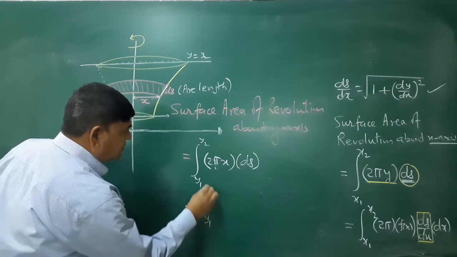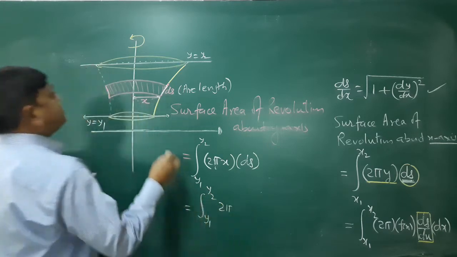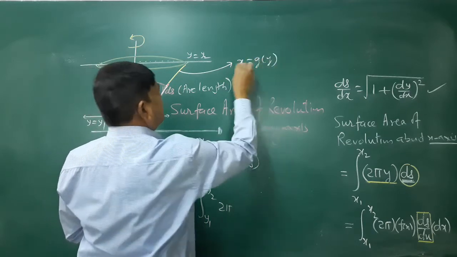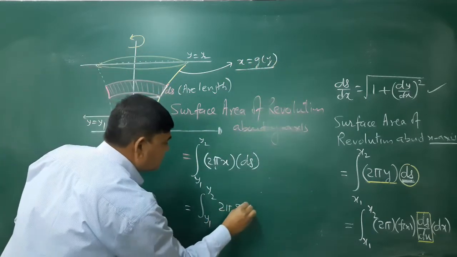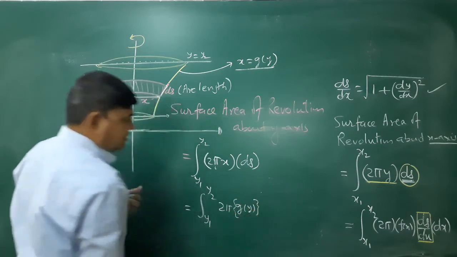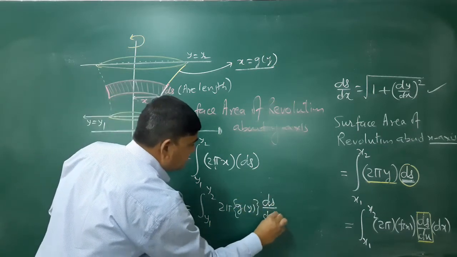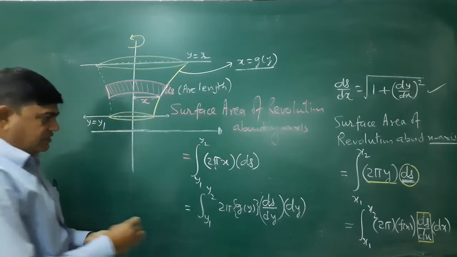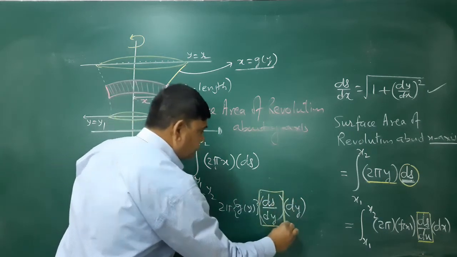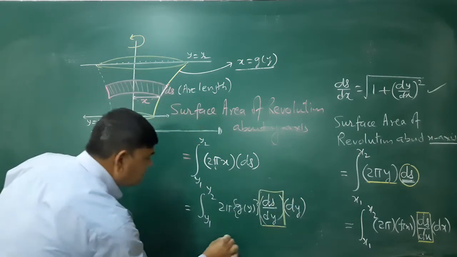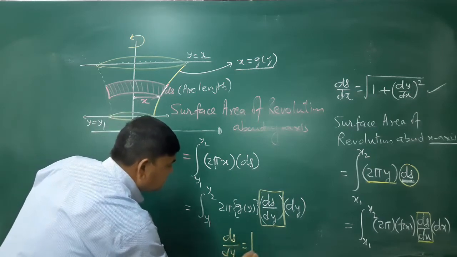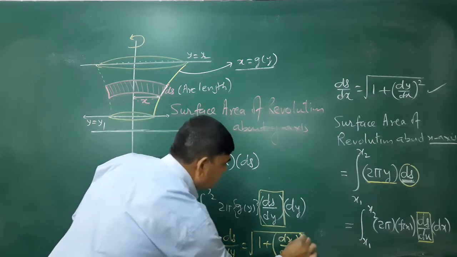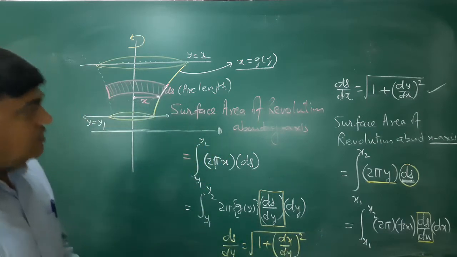So this is y1 to y2, 2 pi, and the equation of this curve, that is x is a function of y. So this is a function of y, and here it is ds. I write ds by dy, and here it is dy. Note this, it is with respect to y, and ds by dy is under root of 1 plus dx upon dy whole square.